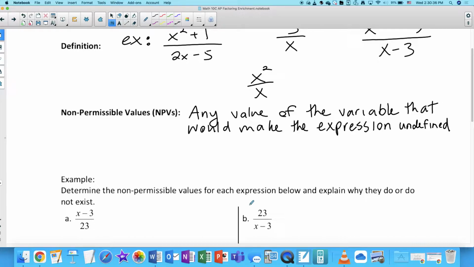So if we're looking, for example, at 3 over x minus 4, what would x have to be here so that x minus 4 equals 0? What minus 4 is 0? 4. Yeah. So the non-permissible value here, the NPV, is that x cannot equal 4.